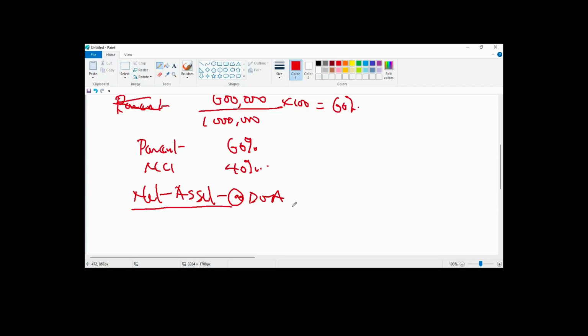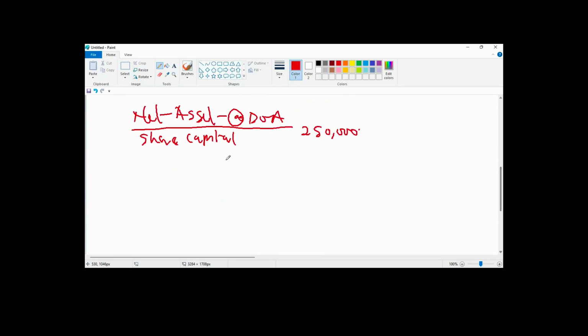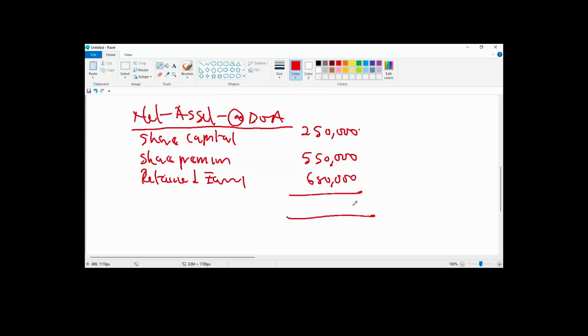So share capital 250,000, share premium 550,000, retained earnings 680,000. What does it give us? 1,480,000.